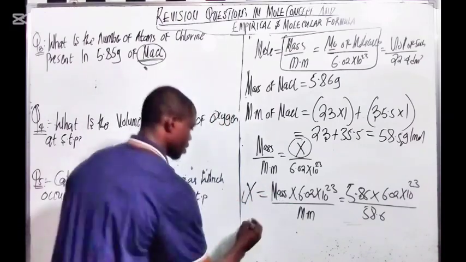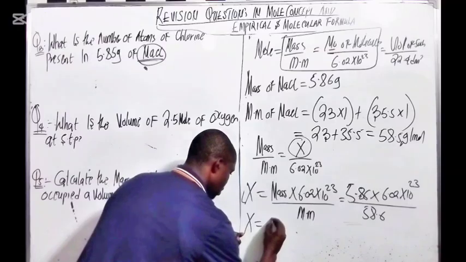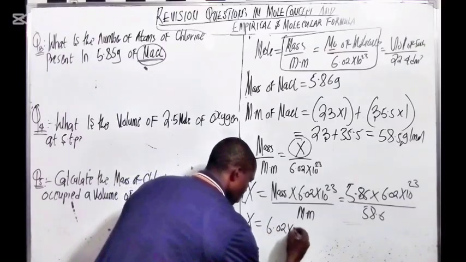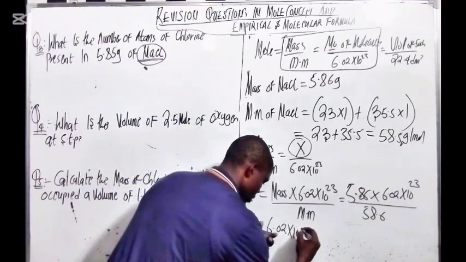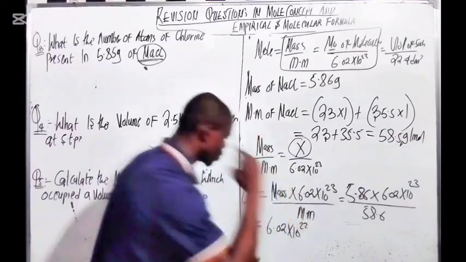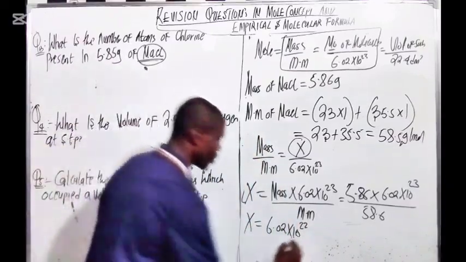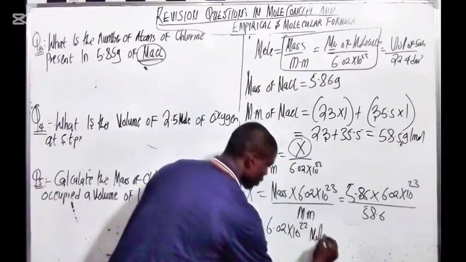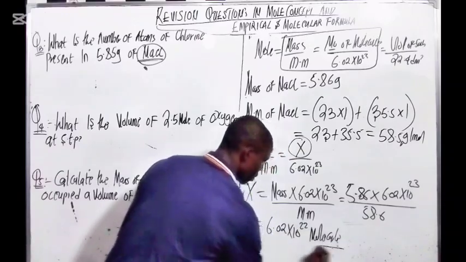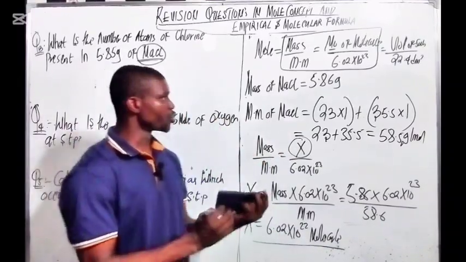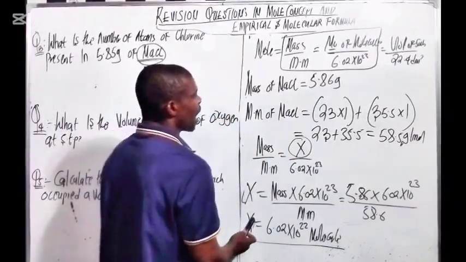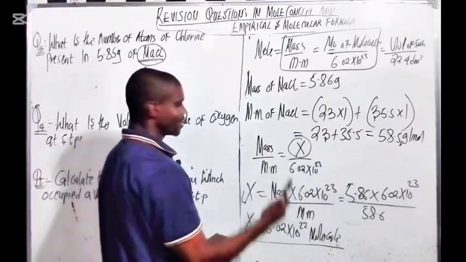So here we have x, and it's going to be molecules. Do you understand? So here I have the number of molecules of NaCl.